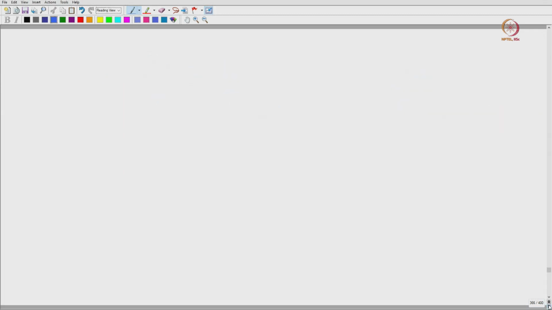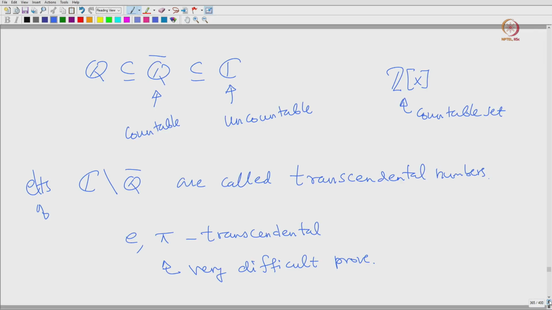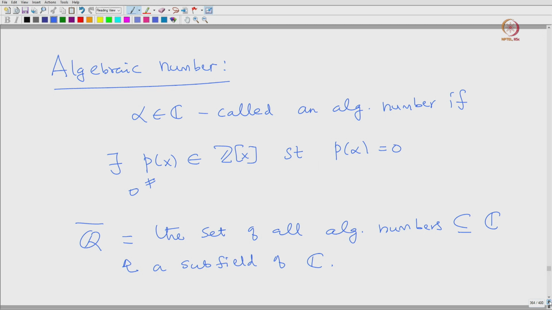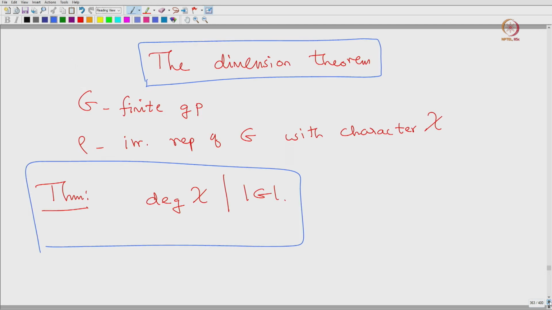What we are interested in is proving that the degree of the irreducible representation divides the cardinality of G. One of the main strategies in number theory to prove that a given number divides another number is this: to show that the degree of chi divides the cardinality of G, we will prove that the cardinality of G divided by the degree of chi is an algebraic integer.